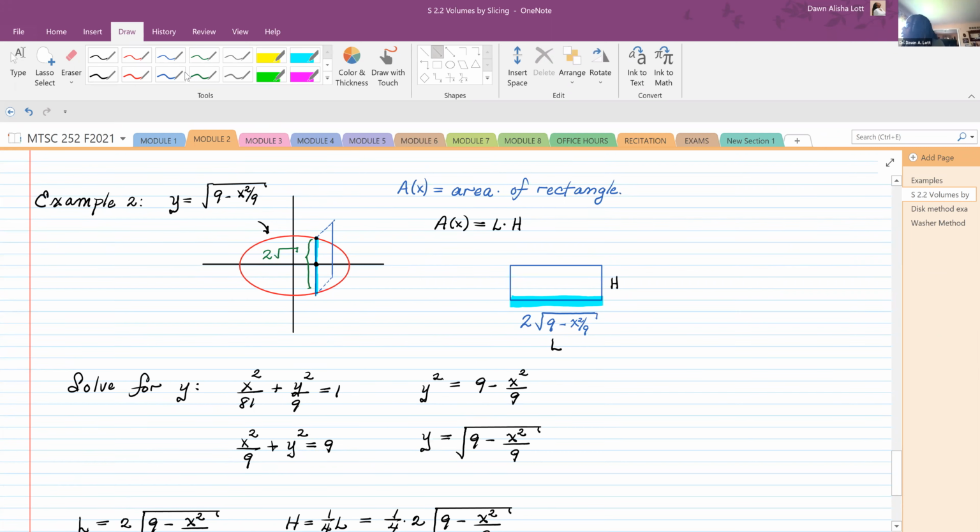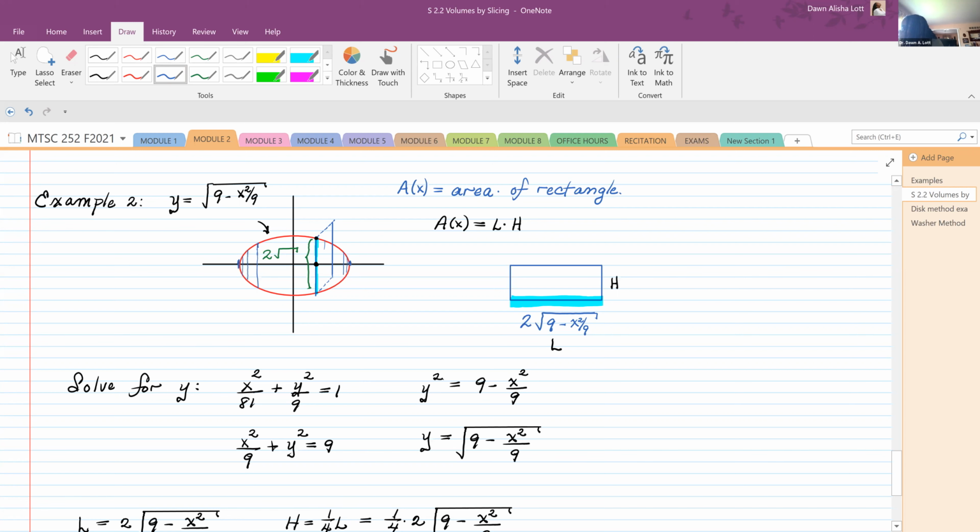This line starts all the way over here, and it goes all the way over to this value.